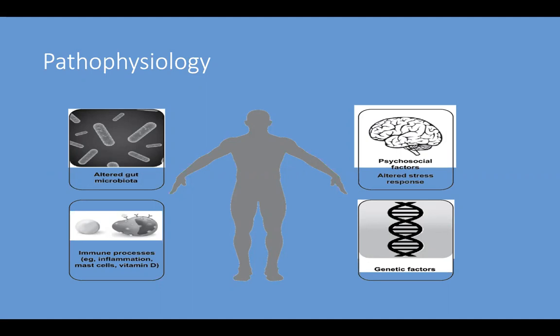Altered gut microbiota. As we all know, the small and large intestine have normal flora. Any alteration in these flora could affect and result in the development of IBS. Also, an altered immune response in this person could affect the development of IBS.